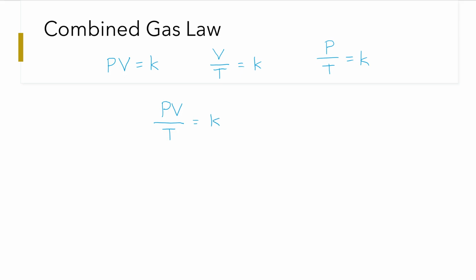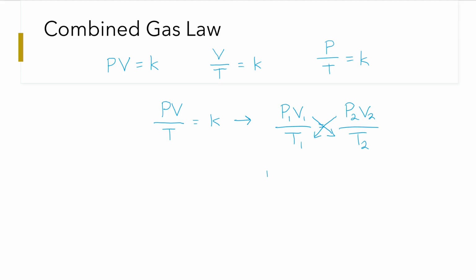But since K is a constant, I can set it equal to another set of conditions. So I can, in turn, have condition 1 equal condition 2. So again, this is the combined gas law, but I don't like fractions, so I'm going to cross multiply.